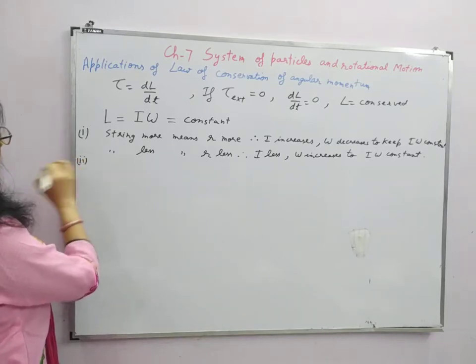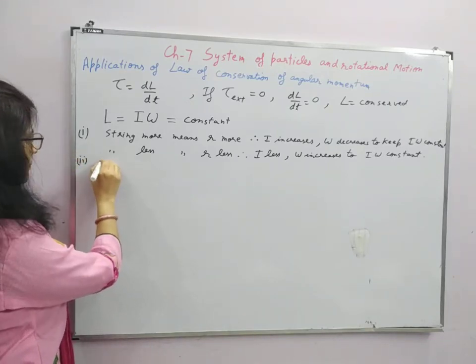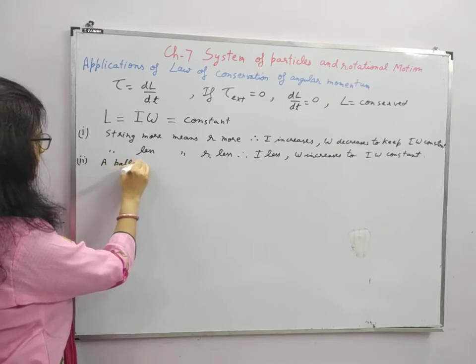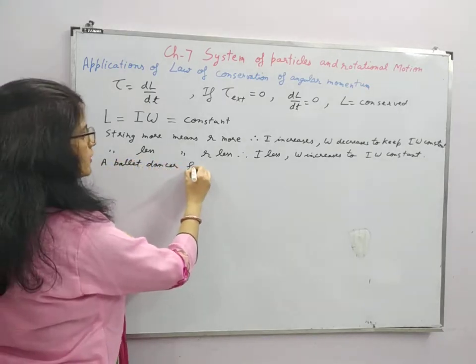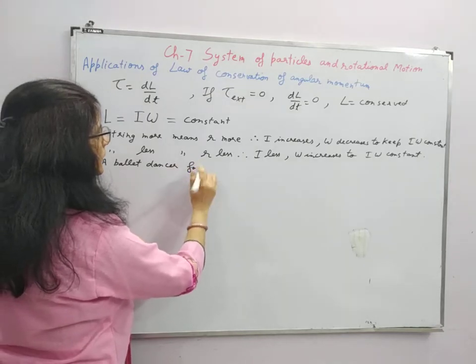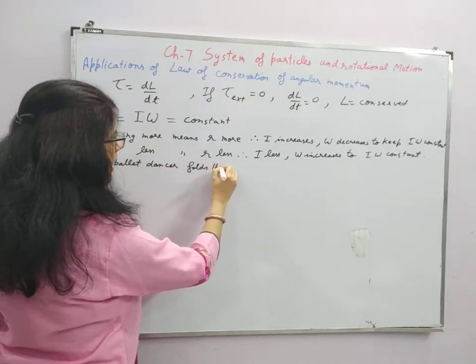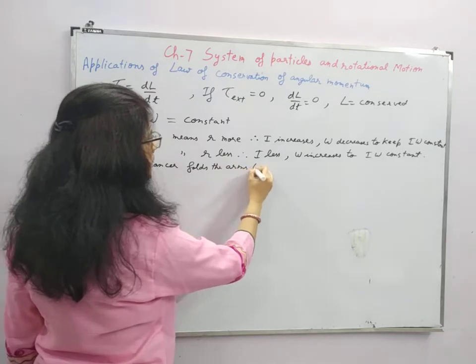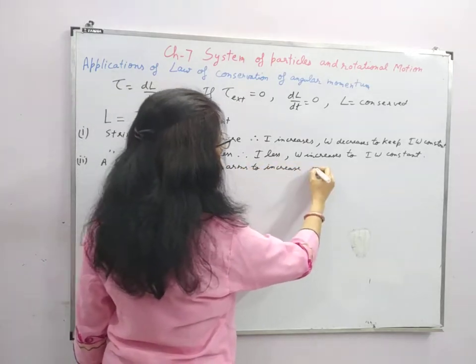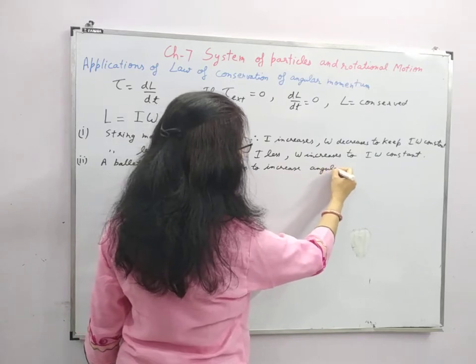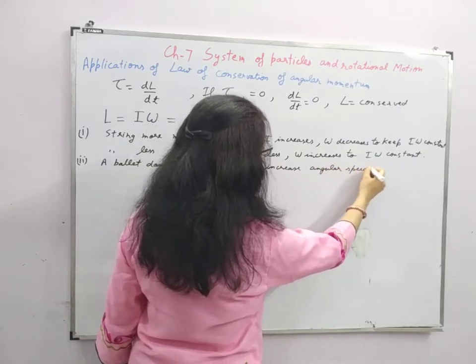So this was the first case. The second example you can take is a ballet dancer who folds the arms to increase angular speed, right?